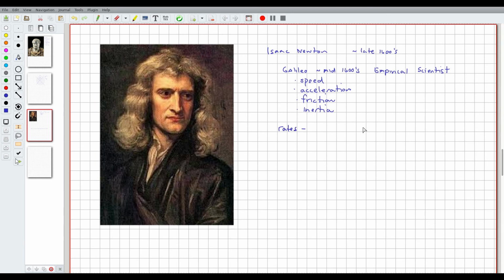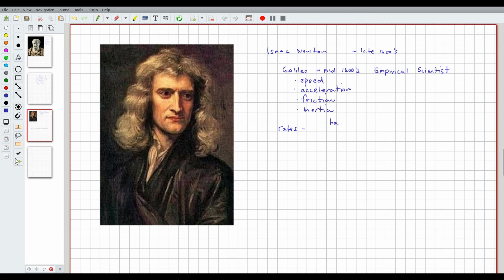Now, if you've had pre-calculus or you've already had calculus 1, you know that rate equations are equations that have derivatives in them. And derivatives tell us how one thing changes with respect to something else. That's a rate.